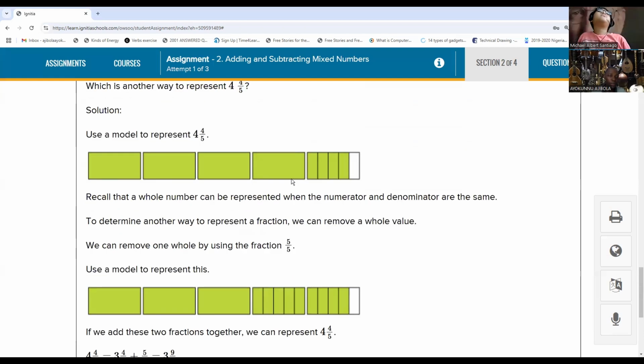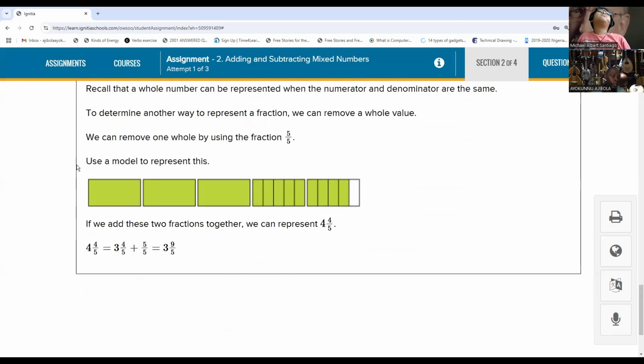So that's what we can do there. Use a model to represent 5/5. If we put these two fractions together, we can represent 4/5, I mean 3 4/5 plus 5/5, and that would be 3 9/5.